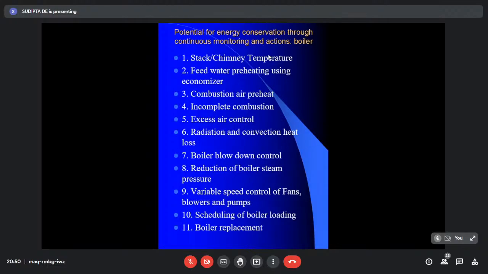Okay, then go to the third point, combustion air preheat.